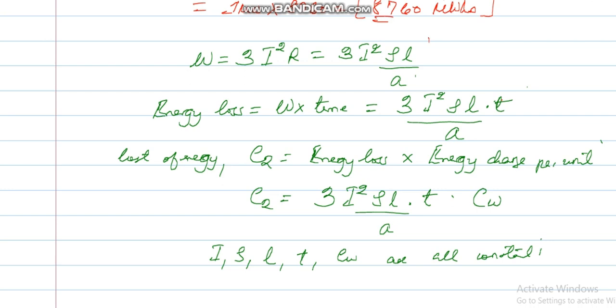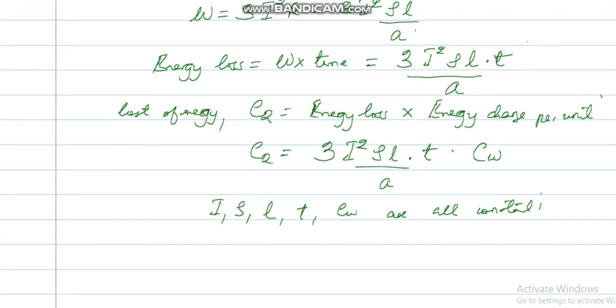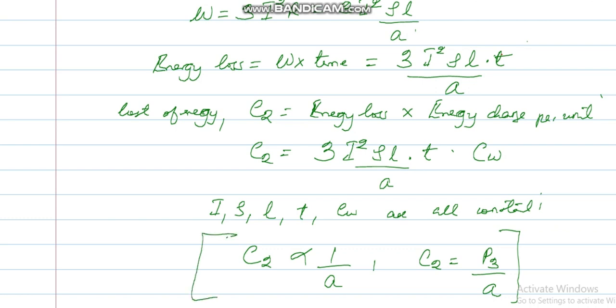Kwa hiyo tunaona kwamba the cost of energy C2 is inversely proportional to cross section area of the conductor. Kwa hiyo tunaweza kusema C2 is equal to constant, let's say this constant is P3, divided by area. Sawa. This is a mathematical model of annual cost of energy wasted.